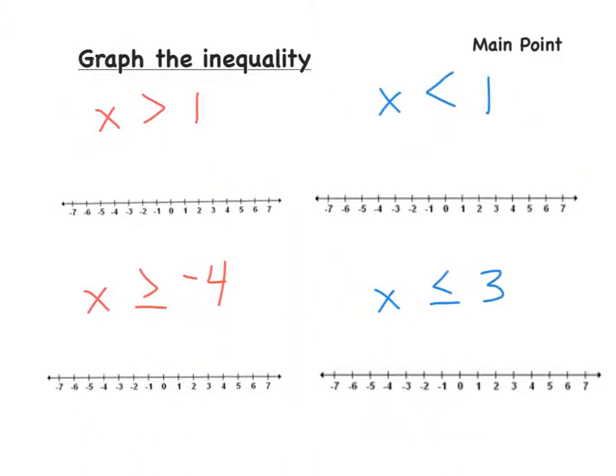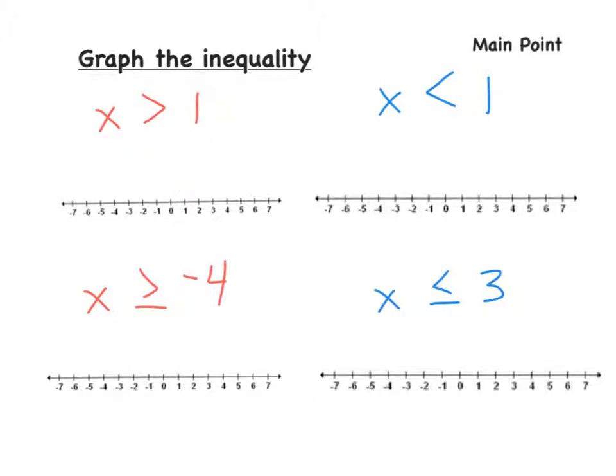Now we're going to work on graphing some inequalities. We know how to read these inequalities, but now I want to learn how to graph them. The very first step, when we're looking at this inequality in the top left, which reads x is greater than 1, is to find the 1 on the number line, right here.